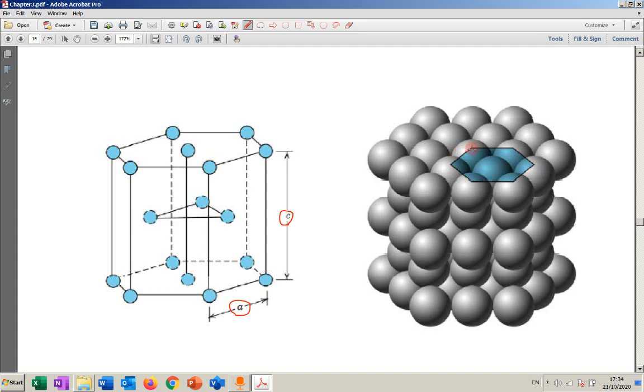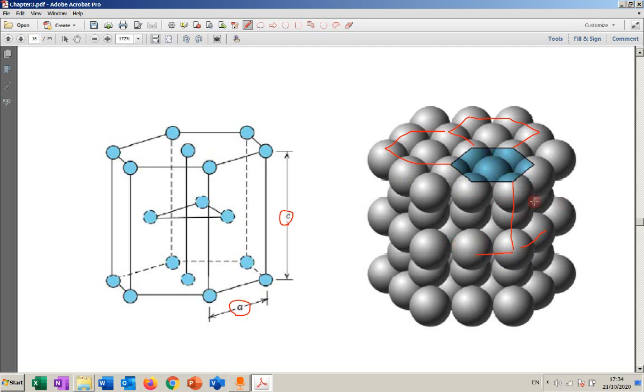If I continue, I can draw another hexagonal here, goes like this. I can create another hexagonal from, let's say, here, goes like this, come here. We can create hexagonals and we will have this crystal structure, and the hexagonal will be created back here as well.